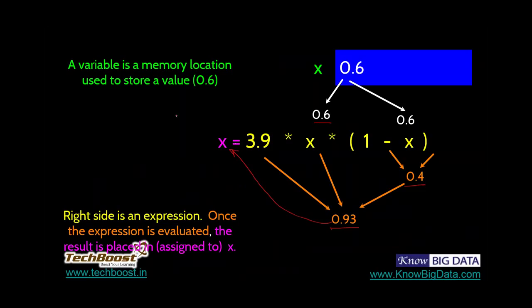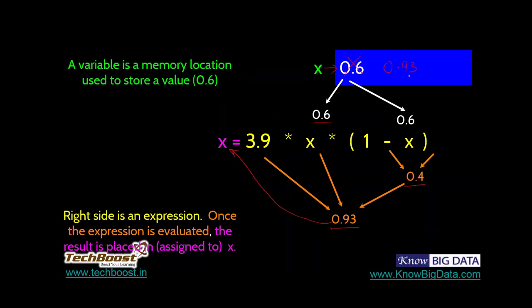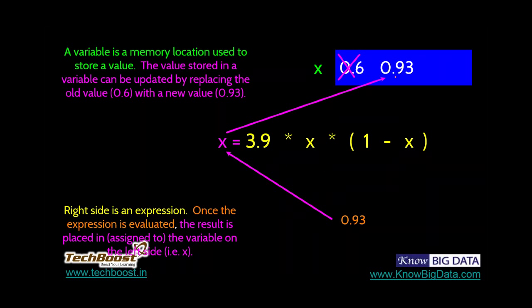Now what happens in the memory is x was holding 0.6. After this particular assignment, x will be holding not 0.6, it will be holding 0.93. This is what we saw just now.